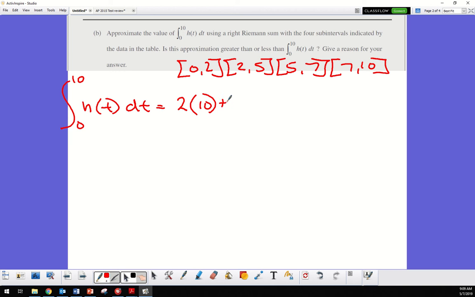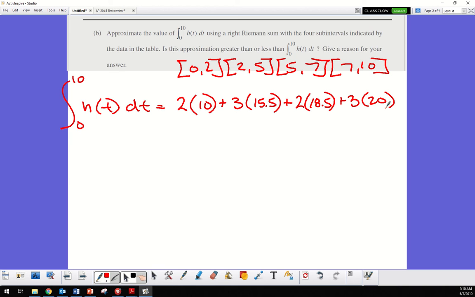Plus 3 times h of 5, which is 15.5. Plus delta x, 2, times h of 7, which is 18.5, plus delta x, 3, times 20. I'm just making sure that I'm hearing correctly. All right, so I have everything listed out there.